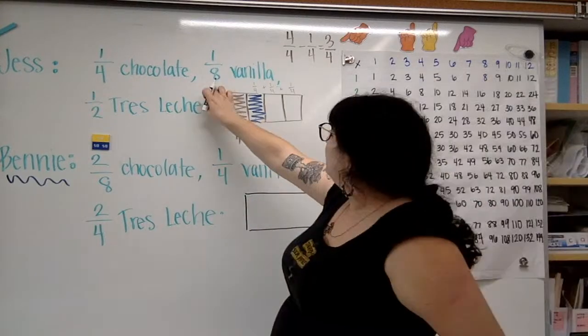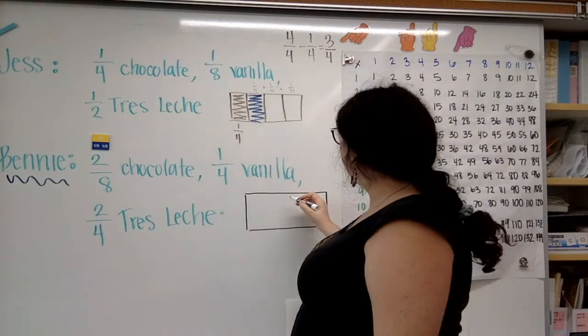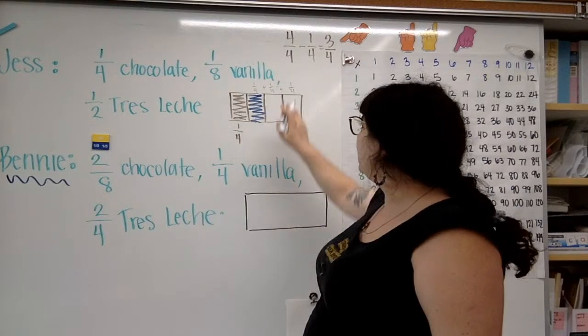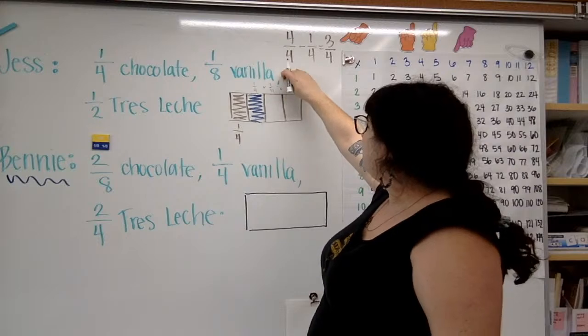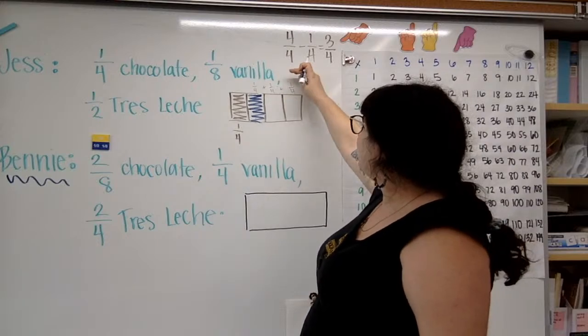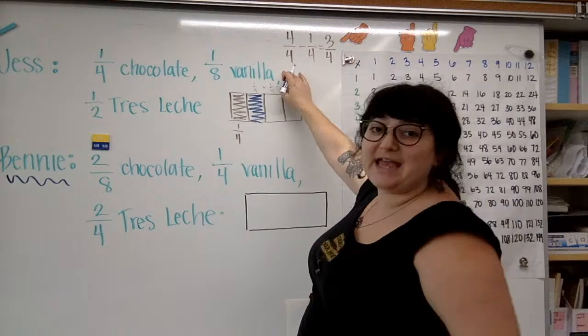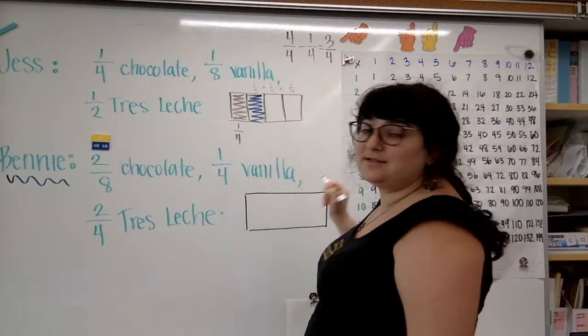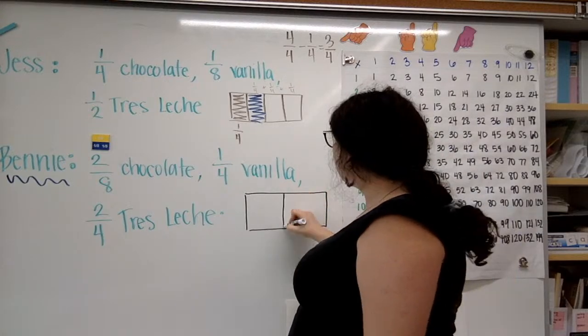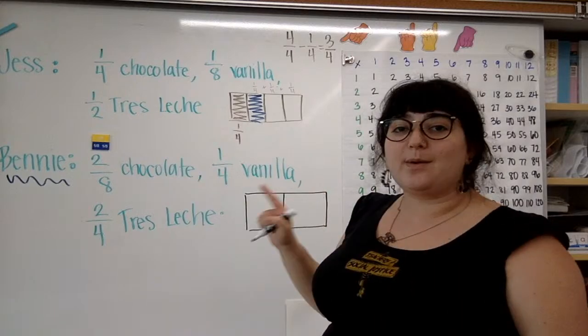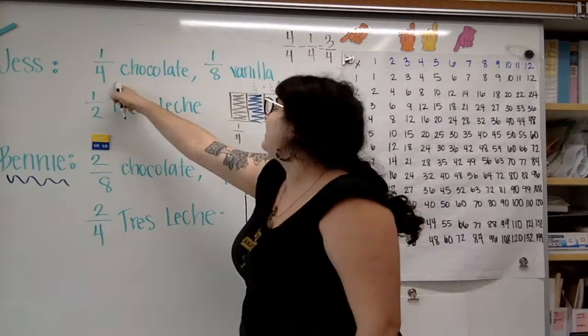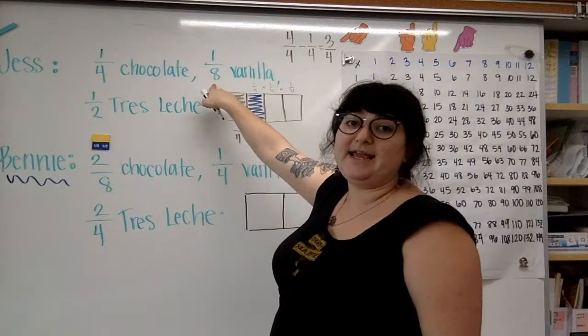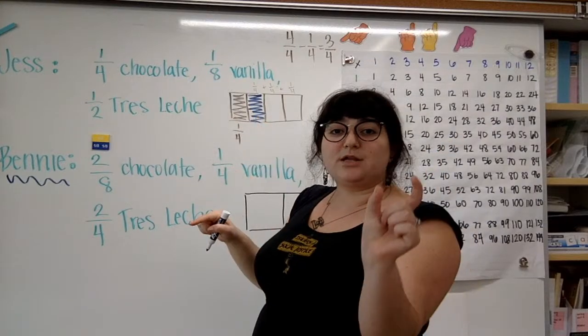Well, Jess ate 1/8 of vanilla cake. So I want to show that our vanilla cake was split up into 1/8 to begin with, okay? And knowing what I know about fractions, when I see a number with a bigger denominator, that means it's a smaller piece.